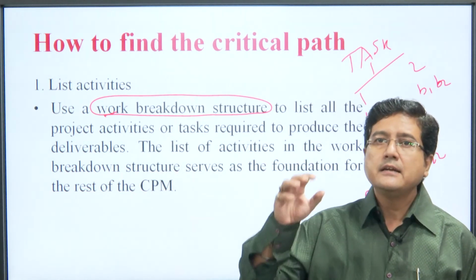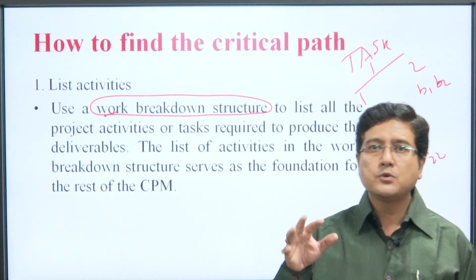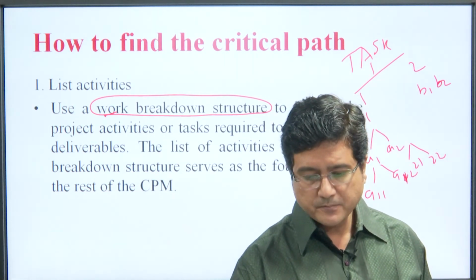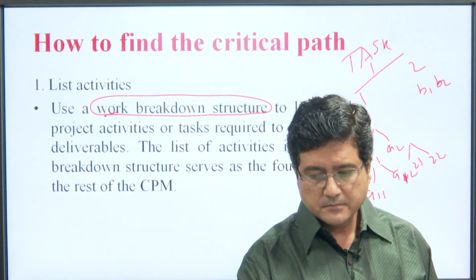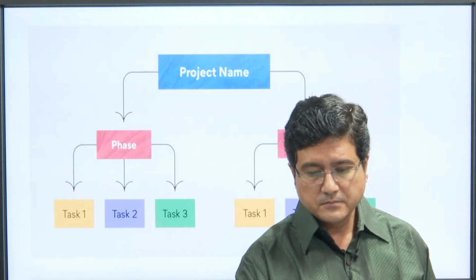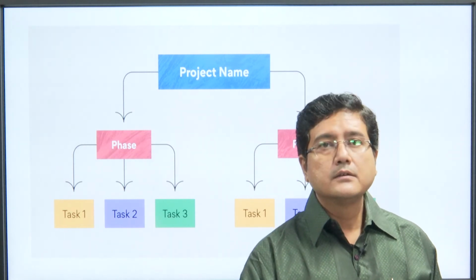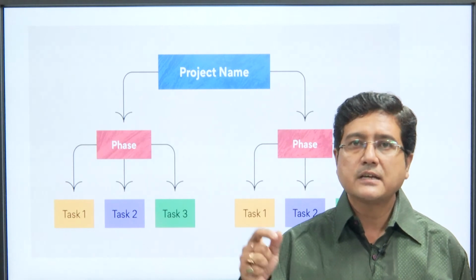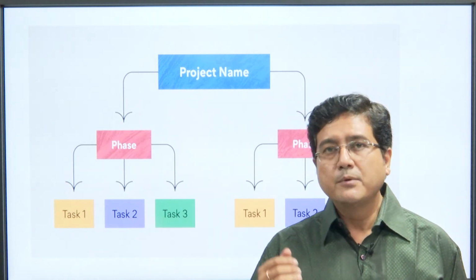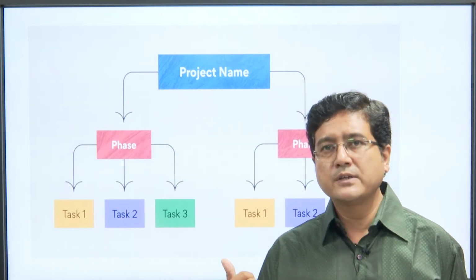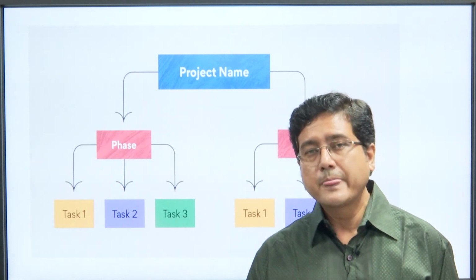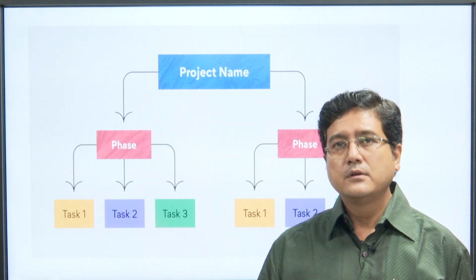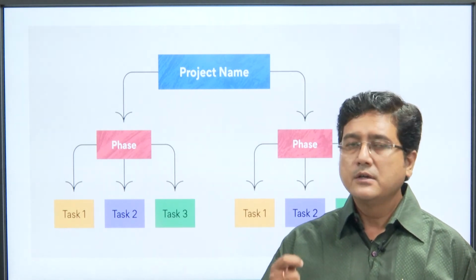We can easily list down what activities and resources are required. Like here, project name, phase, we list down the activities happening in the project, because we already have a work breakdown structure. If you have a work breakdown structure, that is helpful for project management and for CPM.